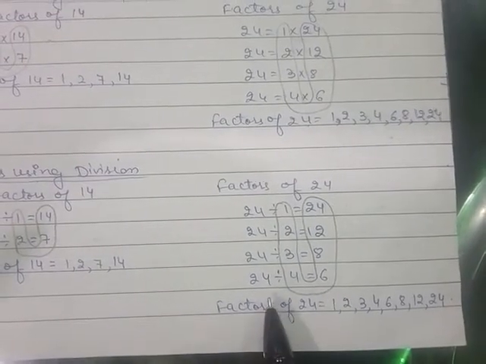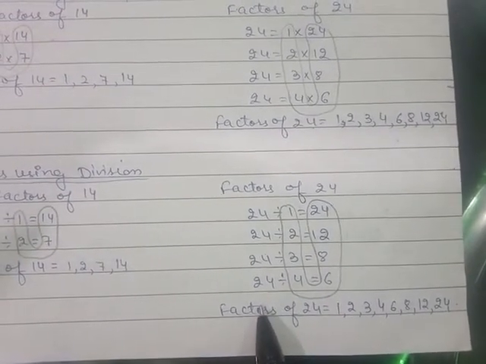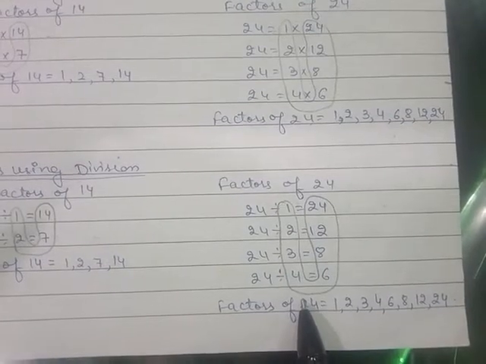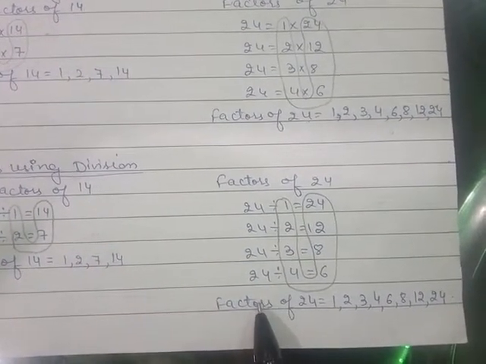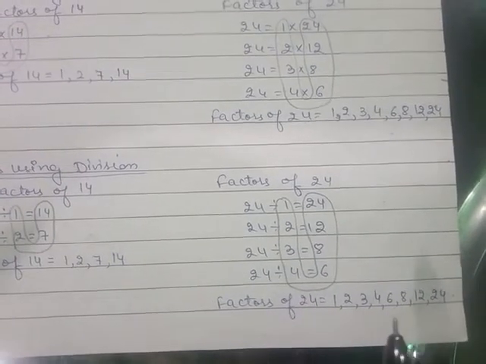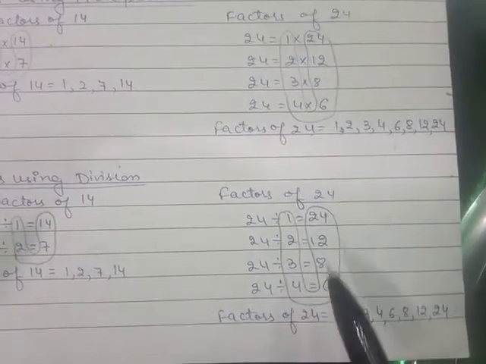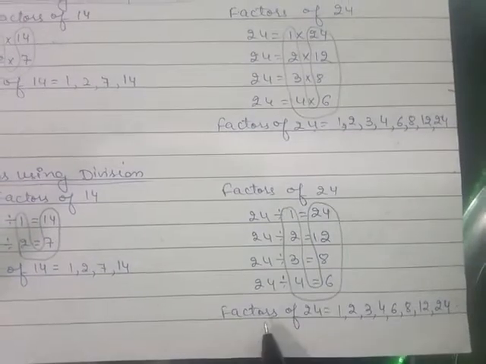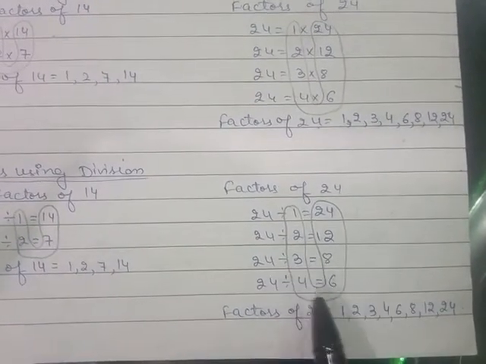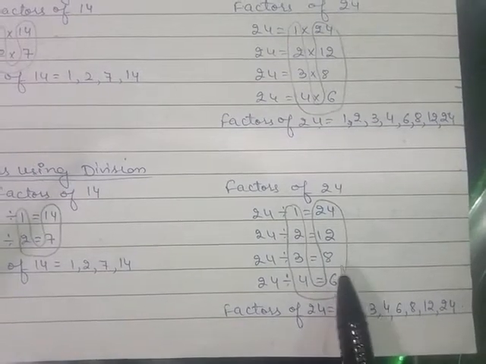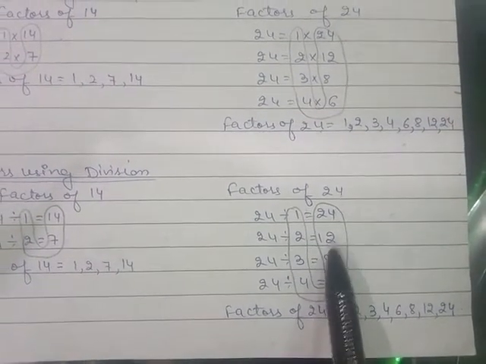So the next step we take 24 divided by 6. 6 has already come, so we will not take that step. We will stop here. Then we take the factors in ascending order only: factors of 24 are 1, 2, 3, 4, 6, 8, 12 and 24.